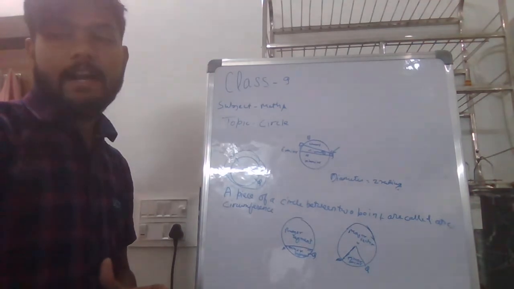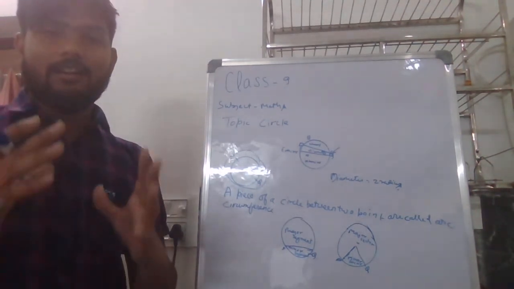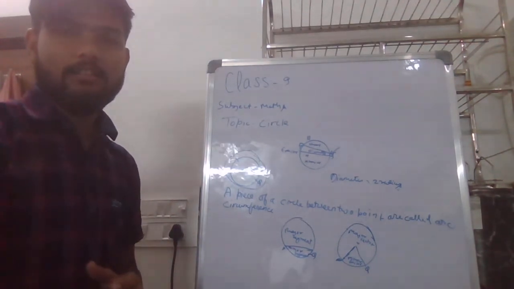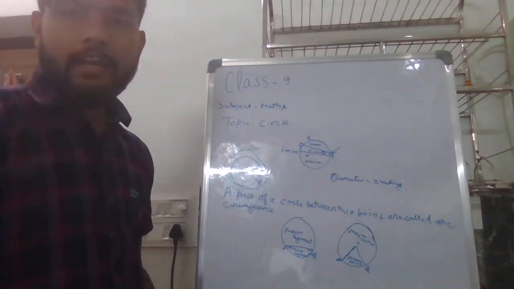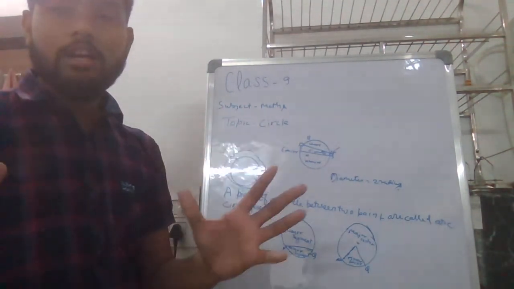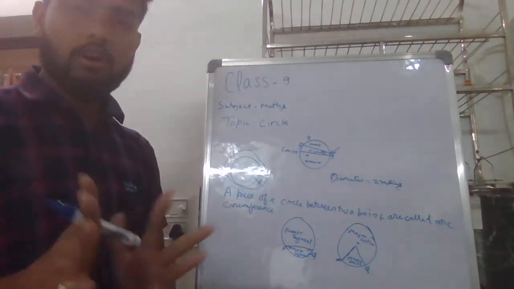And after that I have one activity for you: draw different colorful circles on a chart. In the activity, you have to mention all the terminologies on them.